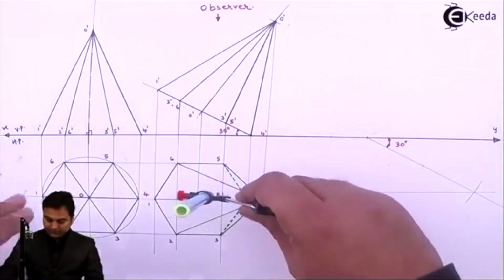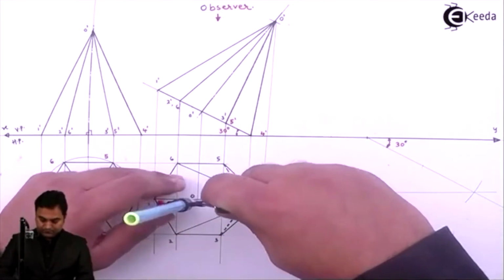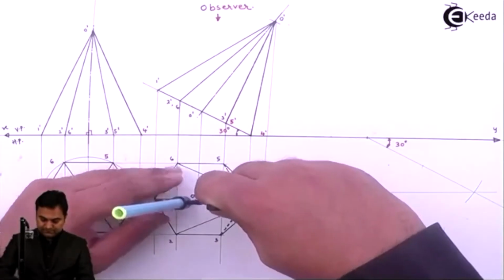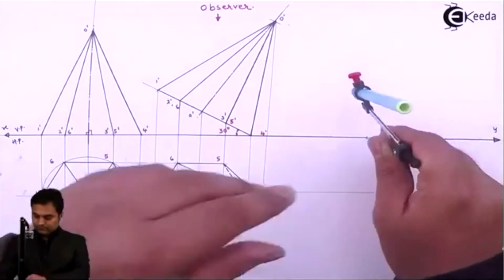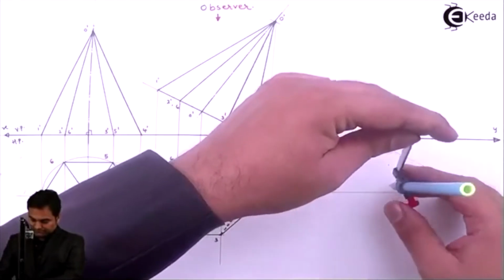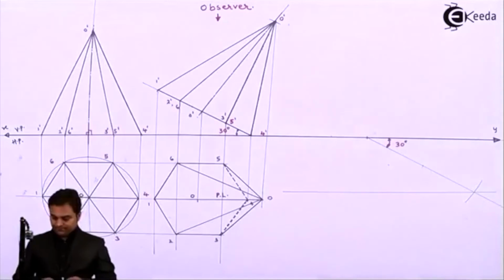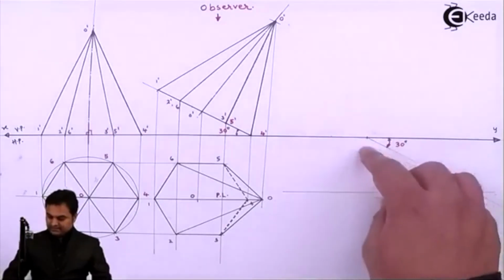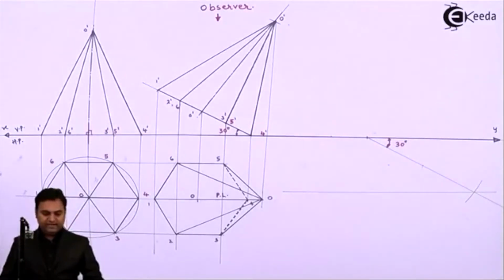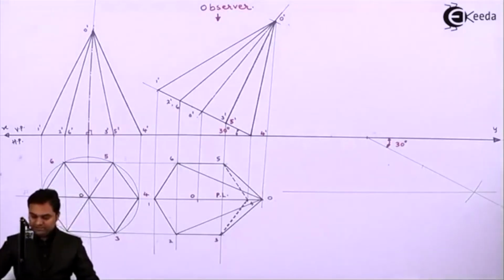So from this point O to O, I'll mark this distance, and here this distance will be cutting this line exactly in a perpendicular manner.